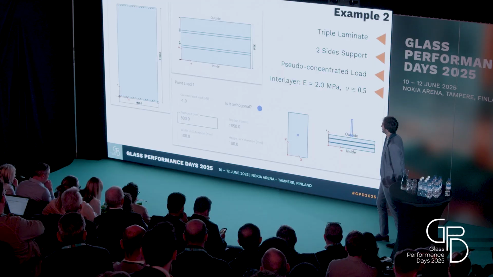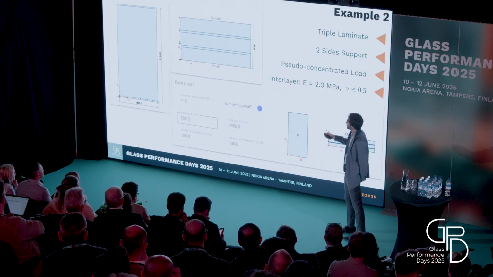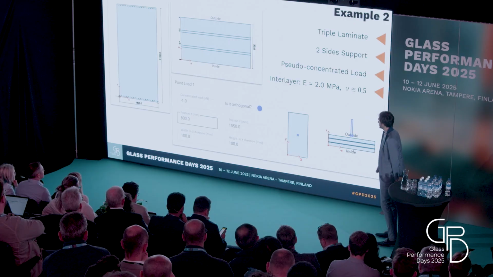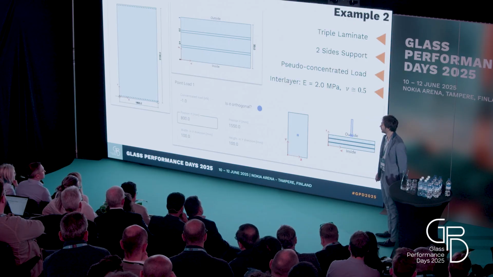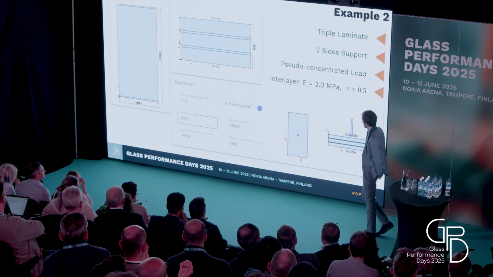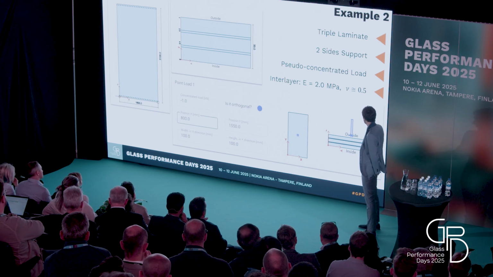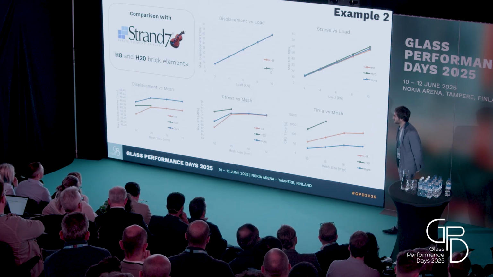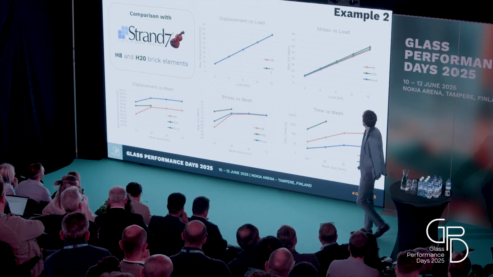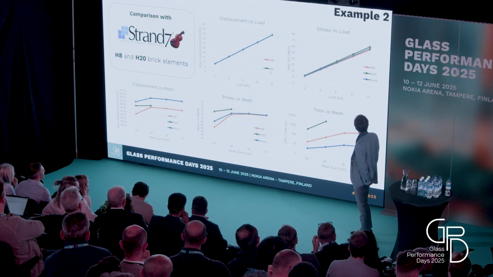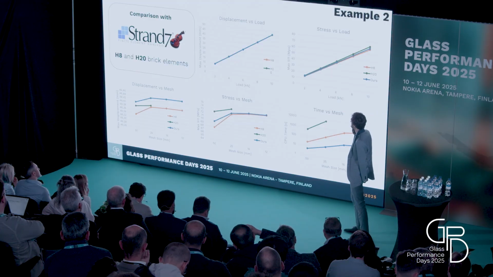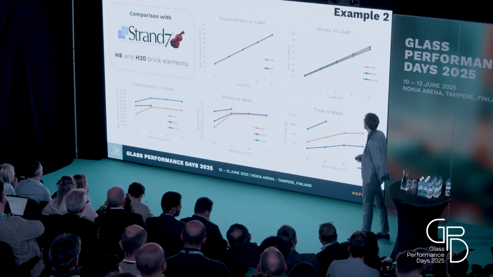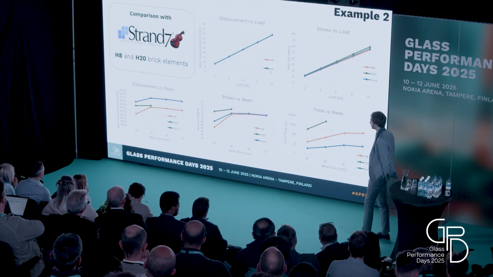Here, for example, is a triple laminate on a two-side supported laminated glass with a pseudo-concentrated load in the center of the glass plate on the top surface. We see again how our software compares, and the results are very similar for maximum displacement versus load and principal stress versus load.